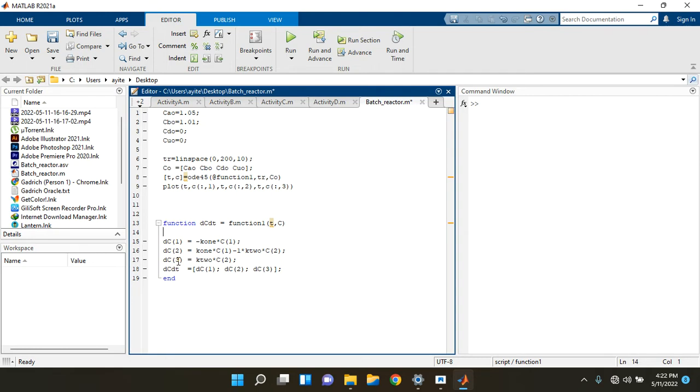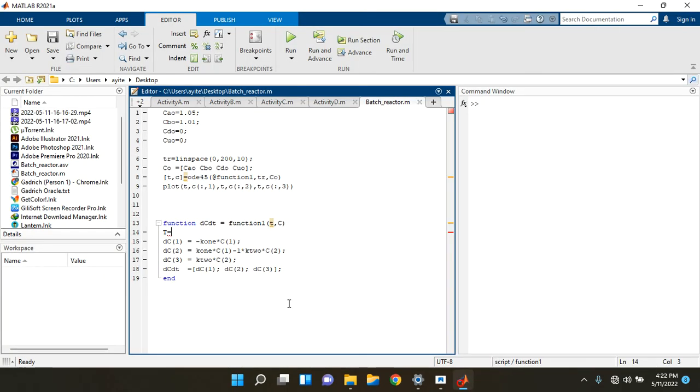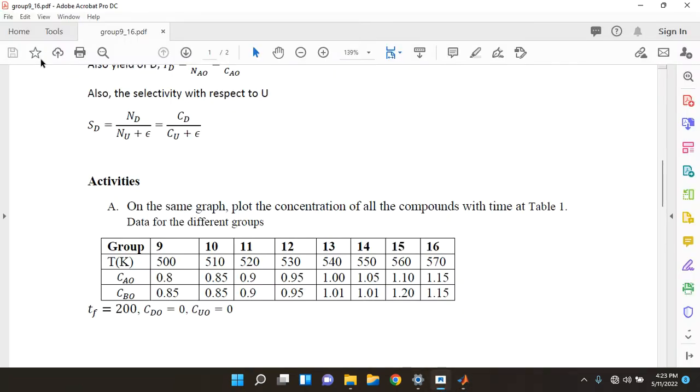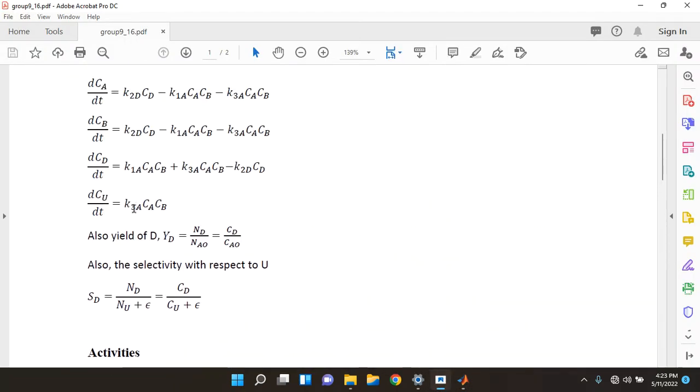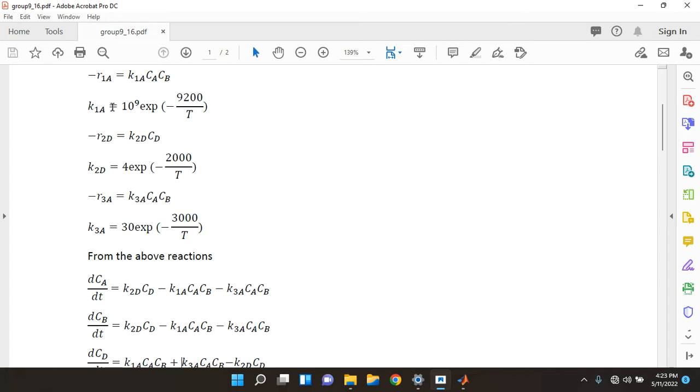First, I'll define my T, the temperature, which is equal to 550 Kelvin. So 550. And then I'll define my K1A, K2D, and K3A. So we start with K1A.